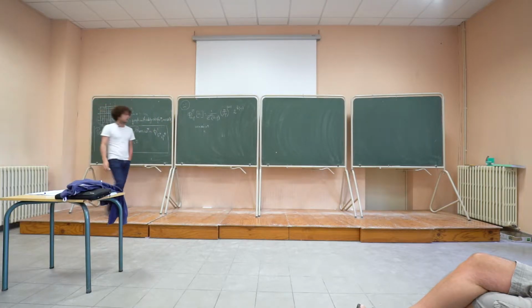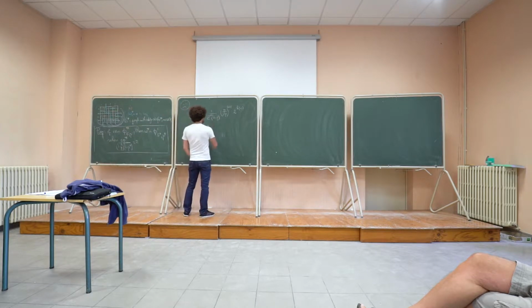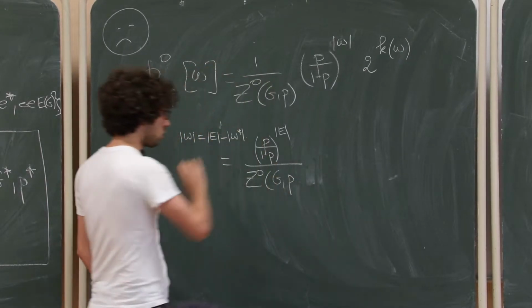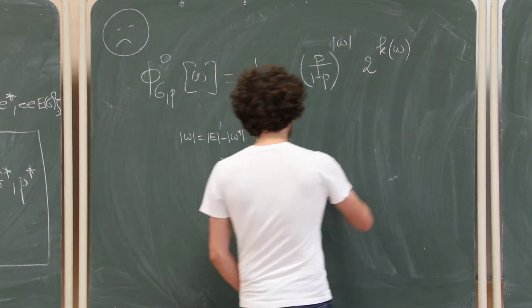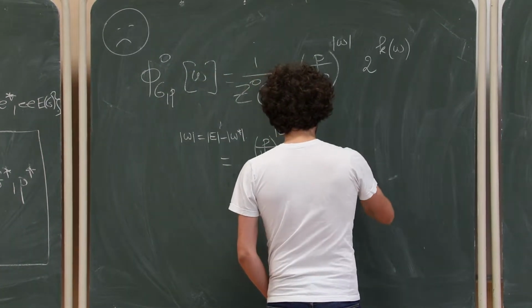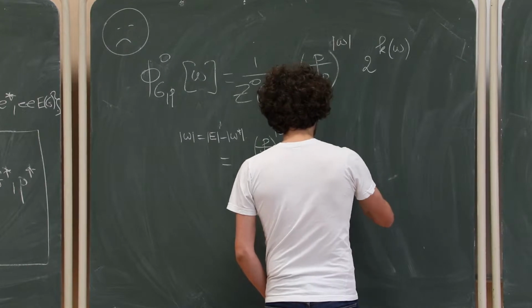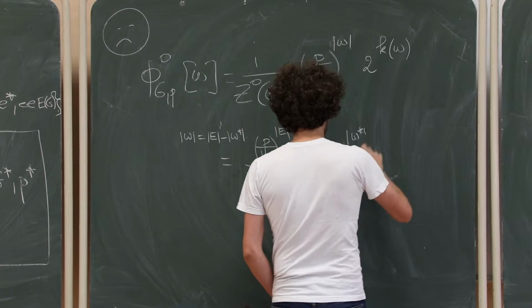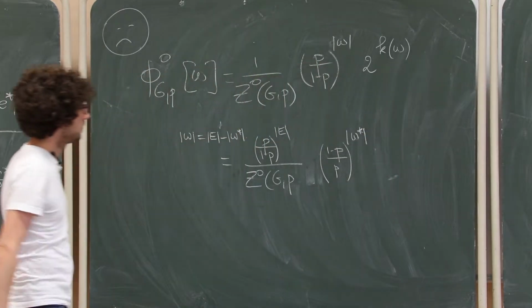So when I replace, I get p over 1 minus p to the number of edges divided by Z0 of G p, which is a constant. And then I get 1 minus p over p to the number of edges in omega star. So this part is easy.